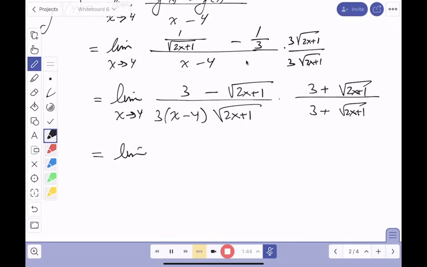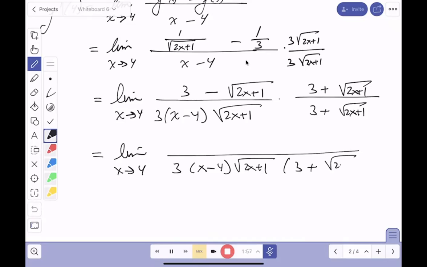Limit x goes to 4, 3, x minus 4, root 2x plus 1, 3 plus the root of 2x plus 1. What do you get on top? Well, you get 9 minus 2x plus 1.